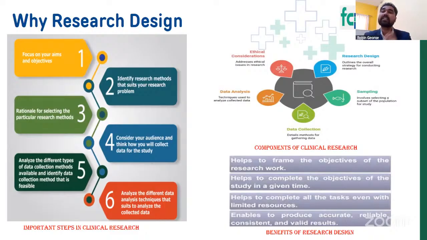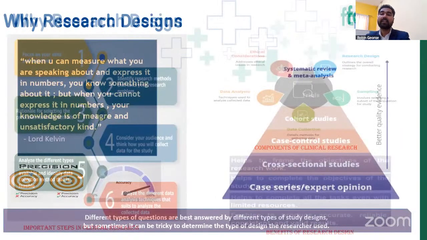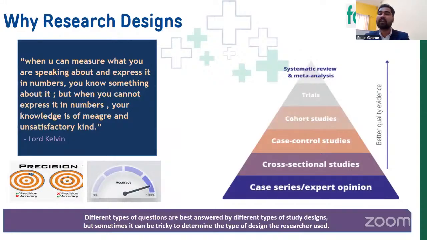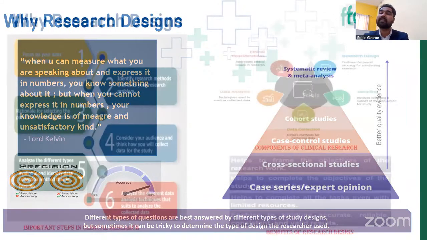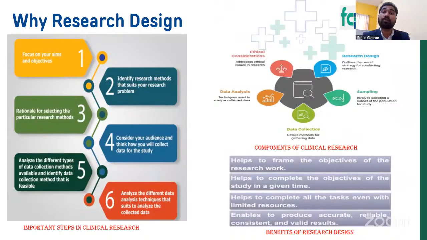Whether it is experimental, descriptive, or analytic, cross-sectional, case control, cohort, or a randomized controlled trial, why did you choose it? These two are very important steps. So, dear delegates, understand that selection of the research design is very important. It is a key factor of every research.